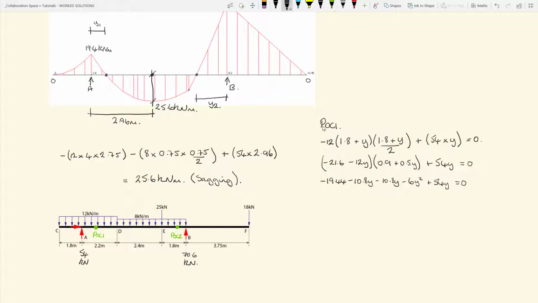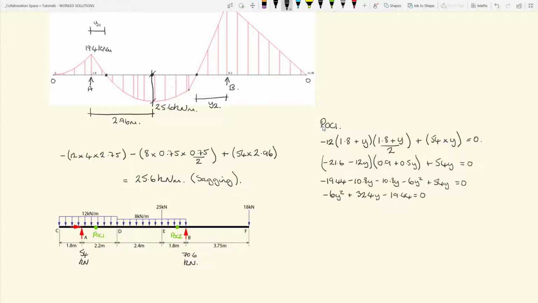and simplify that to turn it into a quadratic, gives minus 6y squared plus 32.4y minus 19.44 equals 0.